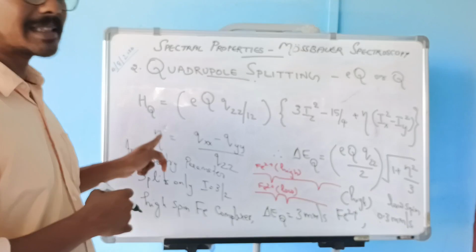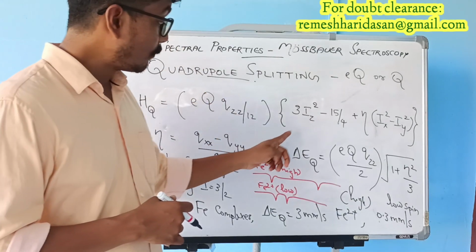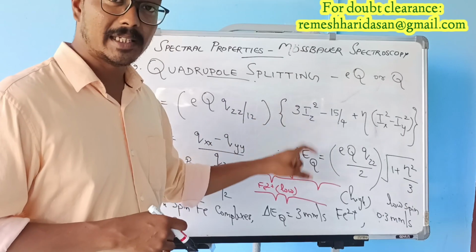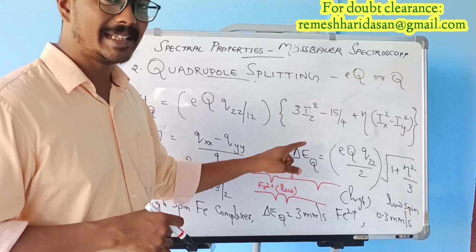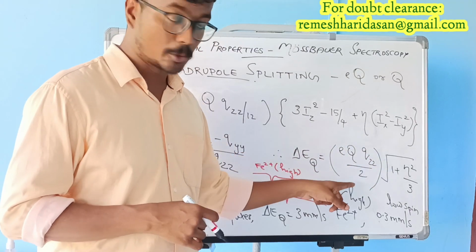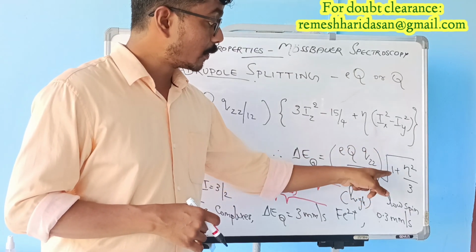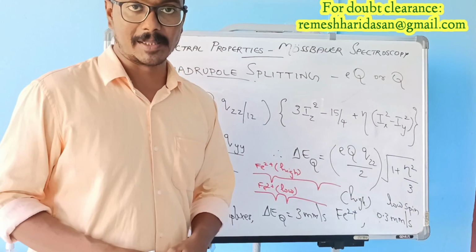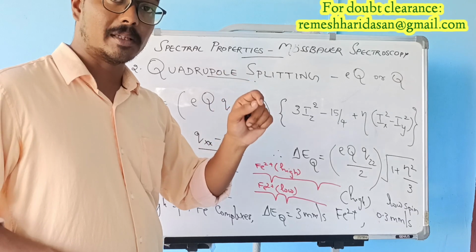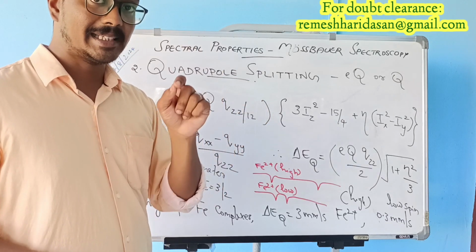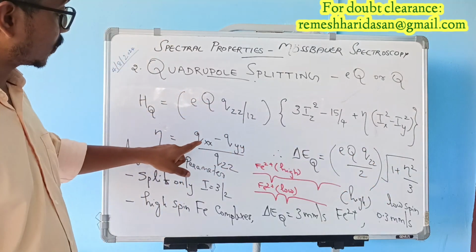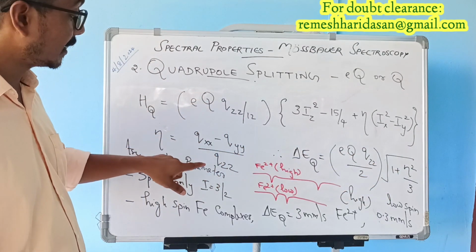So this gives the asymmetry parameter. And the theoretical mathematical equation of quadrupole splitting energy is delta EQ equal to eQQz divided by 2 into the square root of 1 plus eta squared by 3. Here Qz is the principal component of the electric field gradient in the Z direction, and eta is the asymmetry parameter, expressed as Qxx minus Qyy divided by Qzz.